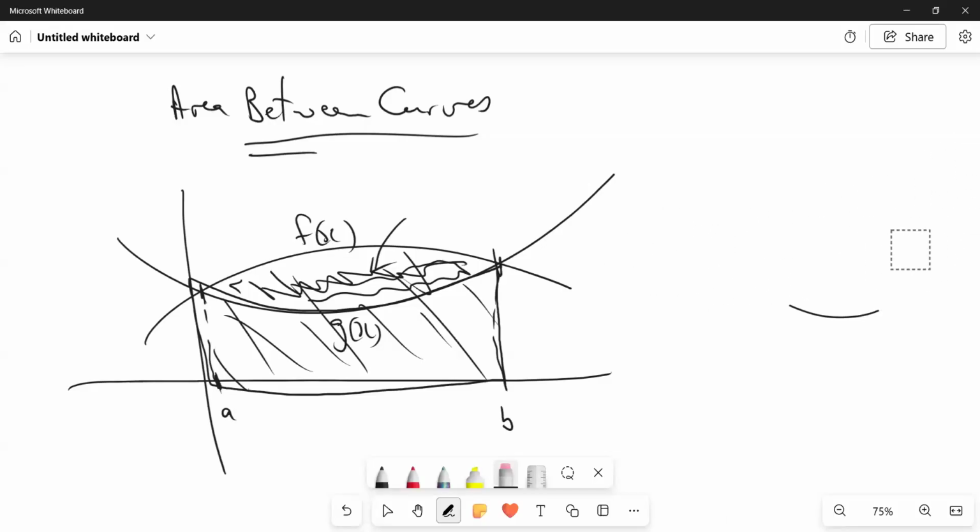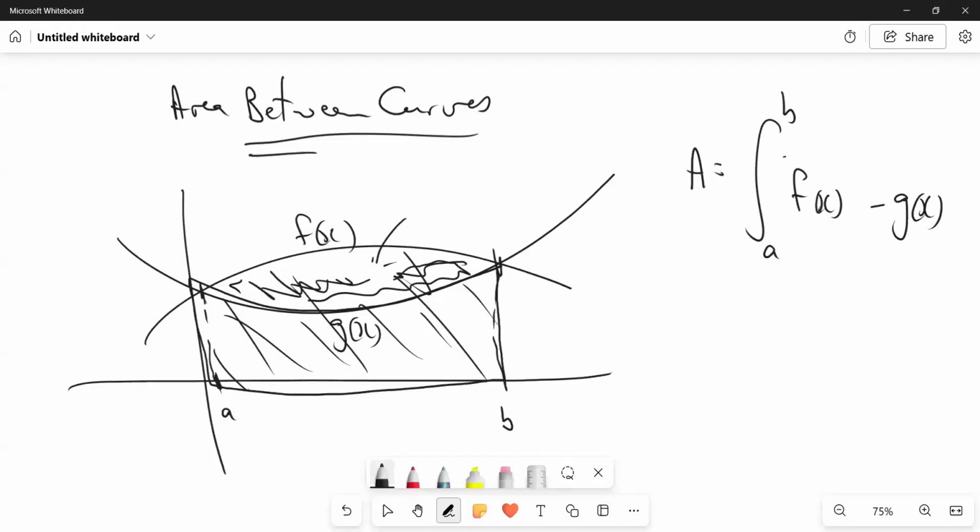So basically, the area that we're talking about here is going to be equal to the area under f(x), the area that's bound by f(x) and the x-axis, which is this piece, minus the area under g(x) and the x-axis.